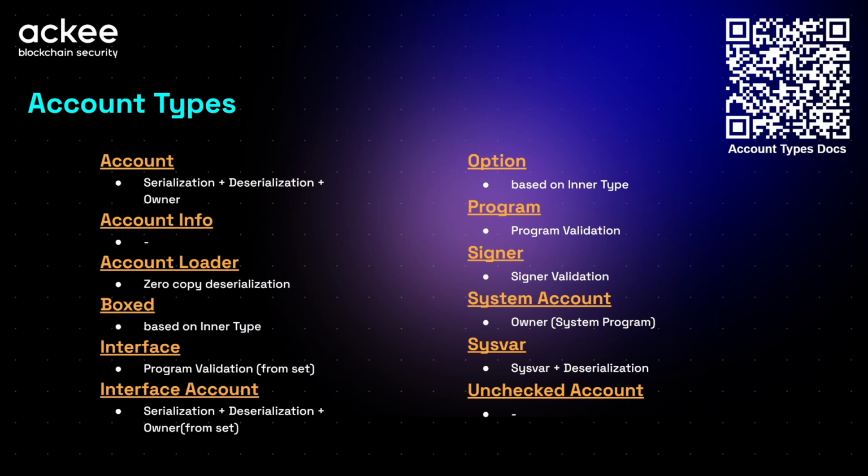That means instead of checking for the exact program ID of Token or Token 2022, it will check for a program ID from the set, in this case Token and Token 2022, so you actually support both of the programs.